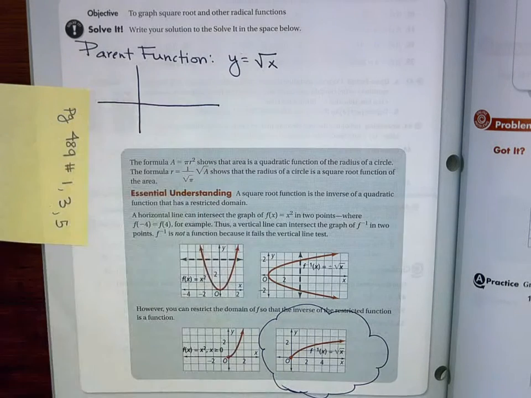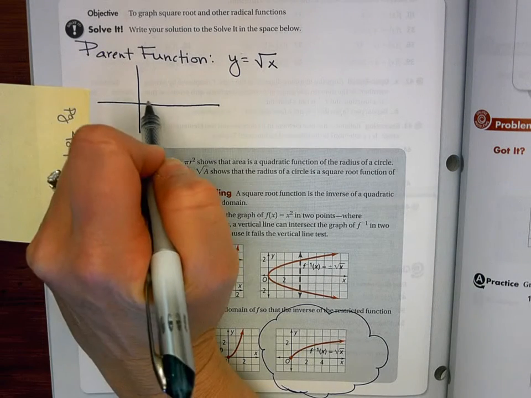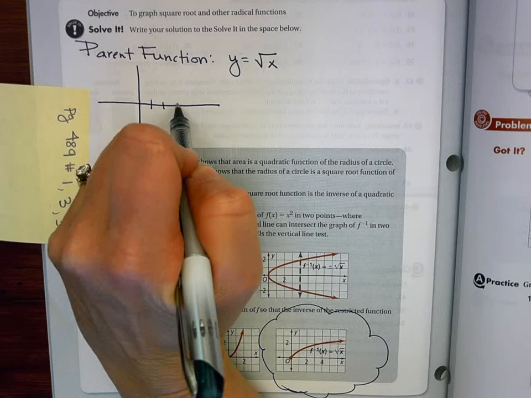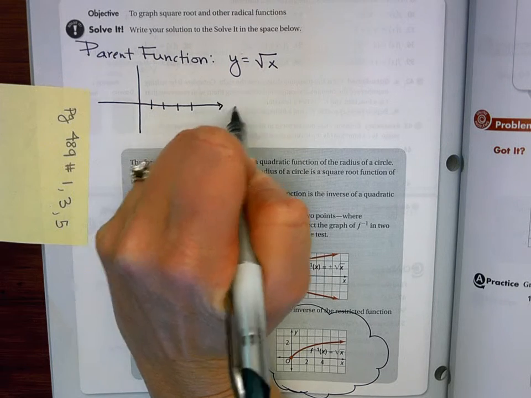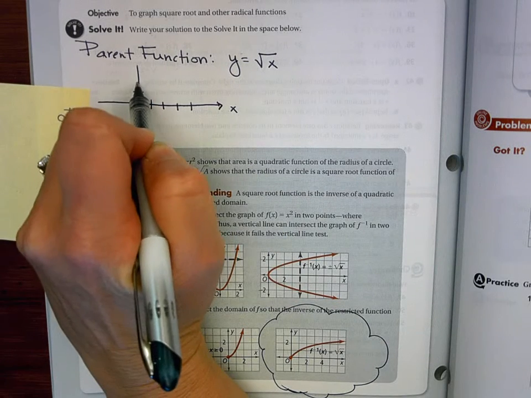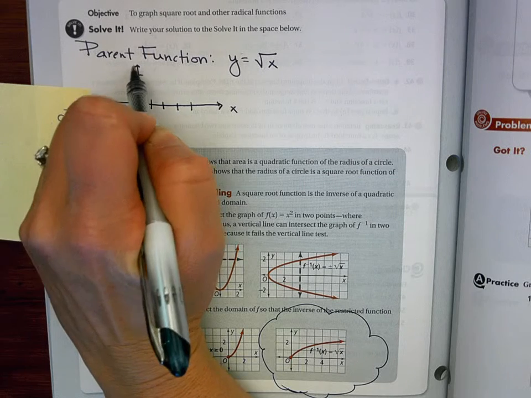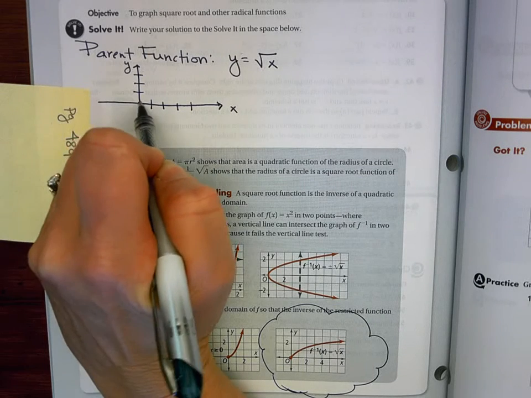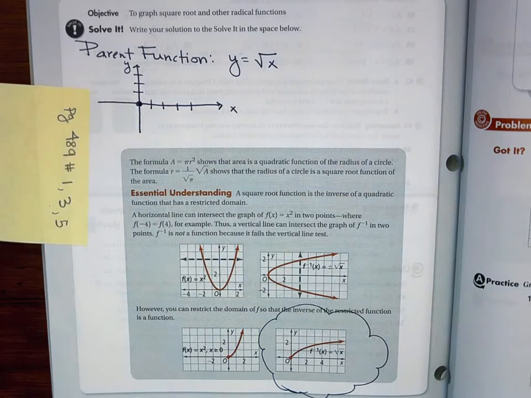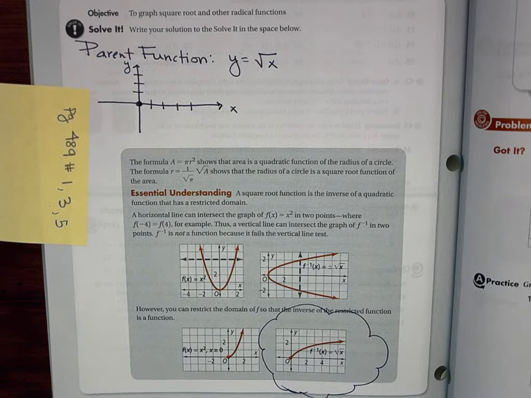Okay, half of a sideways parabola. So I'm just going to count out to 4 on my x, and then up to 3 on my y. The parent function has that vertex, so the vertex of a parabola is at the origin, 0, 0, so that means it's not shifted.